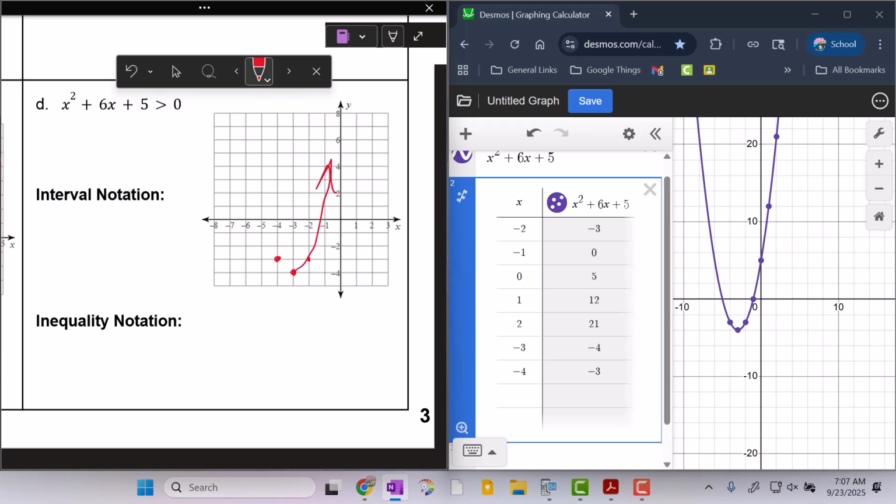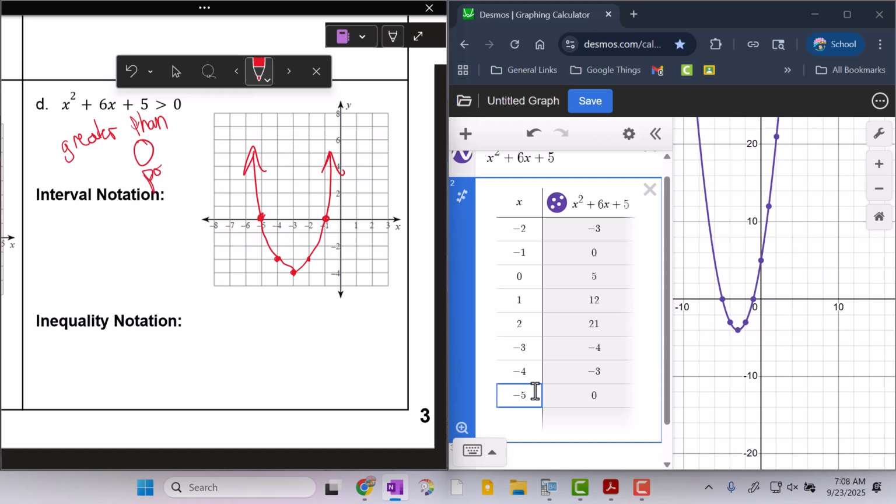Actually, we should graph our x-intercepts as well, which is -1, 0. And if we go a little bit farther on the negatives, we got -5, 0. So that's what it looks like, but this is greater than 0.